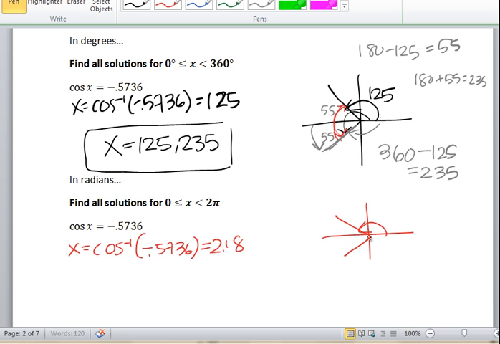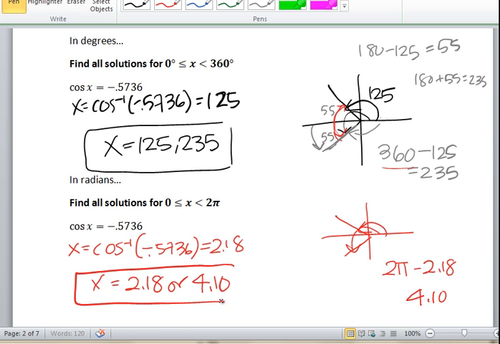Well, in order to find this one down here, instead of 360, we're going to do 2 pi. We're going to do 2 pi minus 2.18 radians, and that gives us 4.10 radians. And that makes sense that we're in quadrant 3. So x is equal to 2.18 or 4.10 radians.